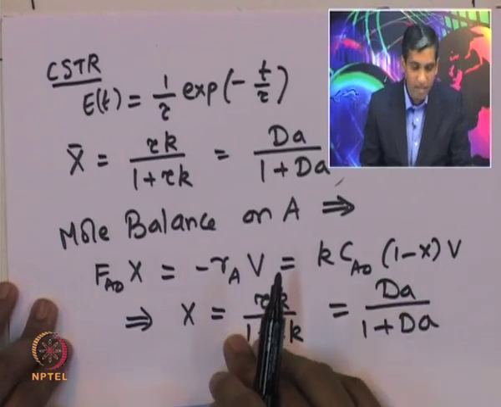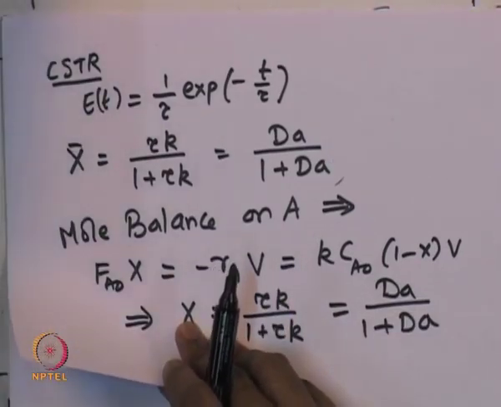So, this suggests that for a first order reaction, the information of the RTD function is actually sufficient, and the degree of mixing is not going to add any additional information, and the RTD function itself can be used to predict the mean conversion of the reactor. Now, the question is, why is that the case?